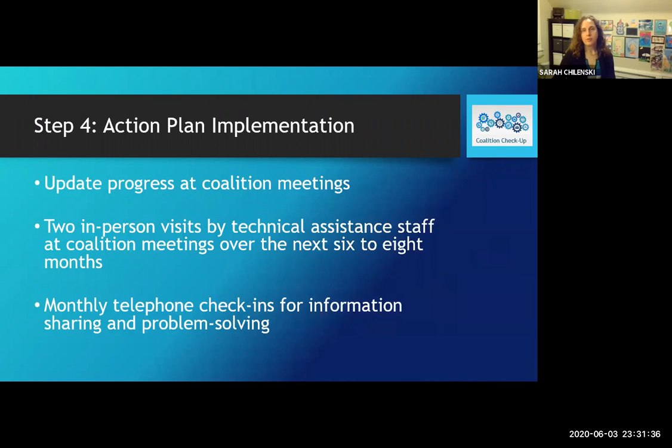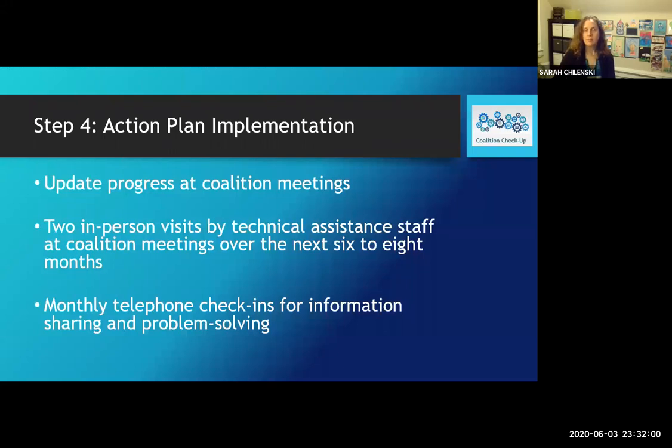Step 4 takes most of the year. Coalition members and leaders work together to implement the previously decided steps, checking in on progress periodically at meetings. During this stage, coalitions will be able to check in with a technical assistance person monthly on the phone, that same dedicated TA person, or of course it could be a web-based meeting.